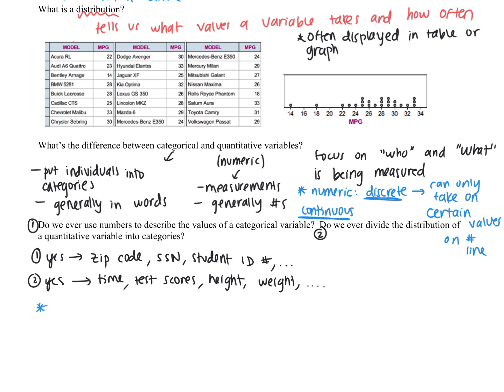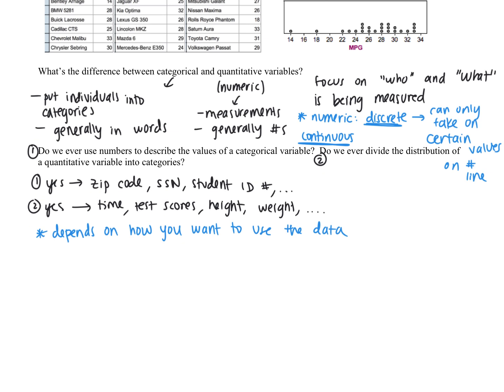Okay, so what's important here, besides being able to recognize if something is categorical or quantitative, is when you take your raw data, you need to ask yourself, what do I want from this? Right? So don't just look at, is it categorical or numeric, but how do I want to use it? So this depends on how you want to use the data, and you have two options.